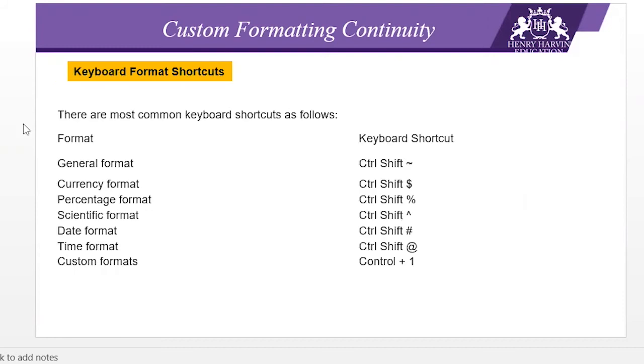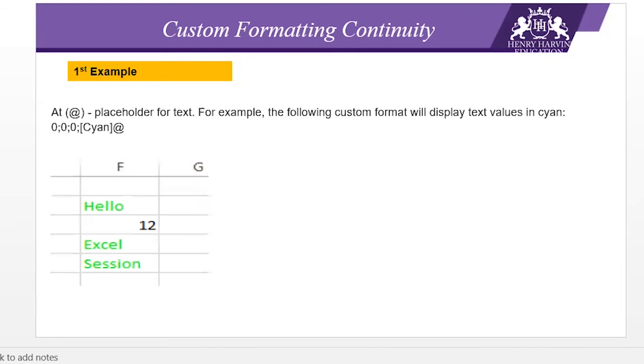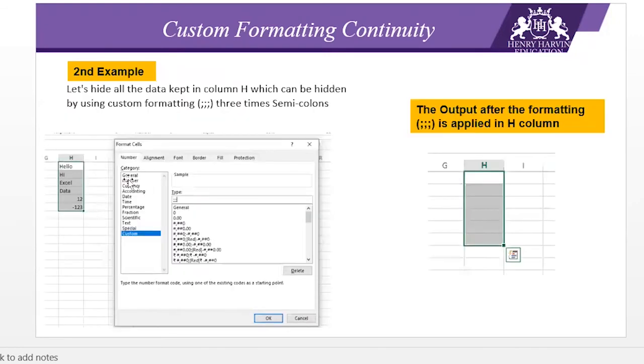Understand this. And these are the keyboard shortcuts which we use in formatting our cells. The example is simple. We are hiding all the data kept in column H. Now understand, if we mention 3 semicolons, what does it mean?